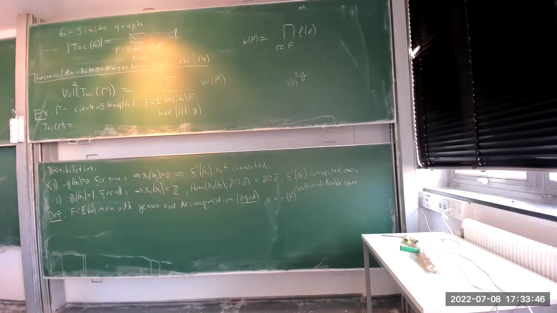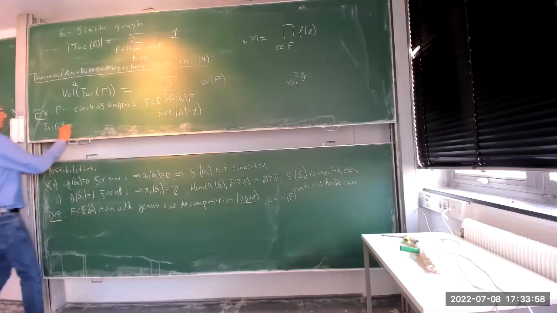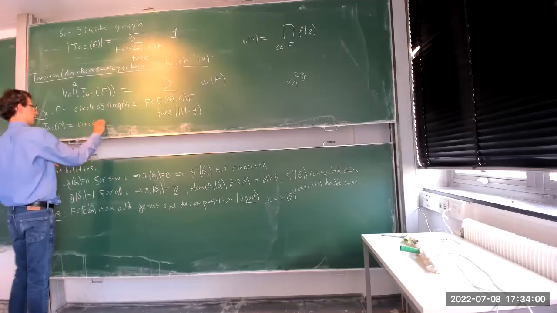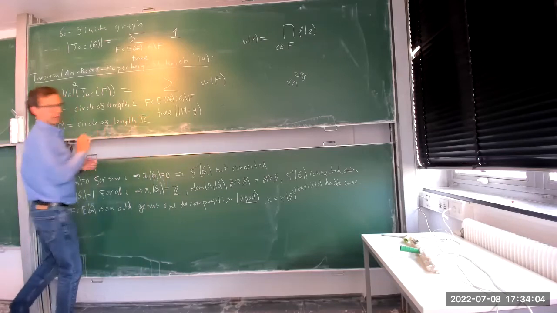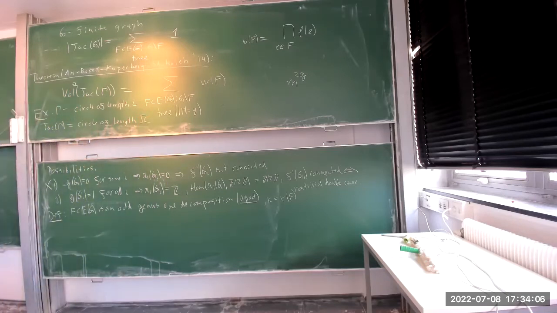In fact, gamma is a torsor over its own Jacobian, right? This is kind of like a tropical version of an elliptic curve. But the length of that circle measured in terms of the Riemannian geometry is actually going to be square root L. This is a circle of length square root L, not L, okay, or volume square root L.